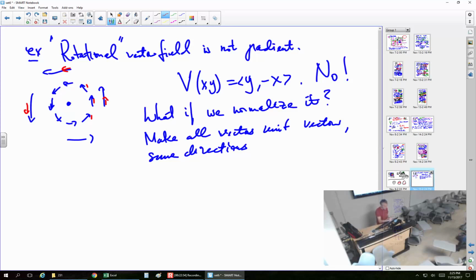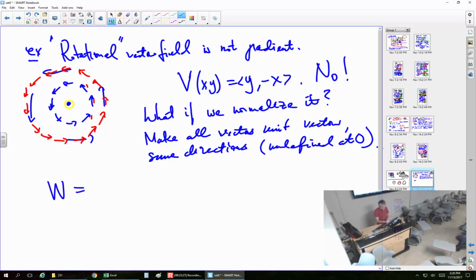So there will be a circular path of arrows of the same unit length going around. It doesn't matter how far you are from the origin, they will all have the same length. The trouble, however, that is important, is there will be a hole at the origin because it's undefined at 0.